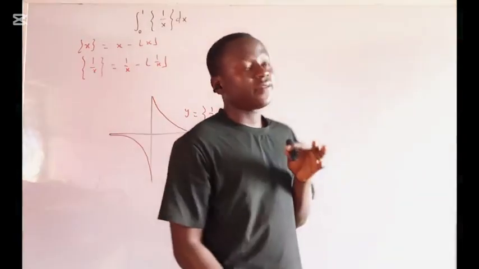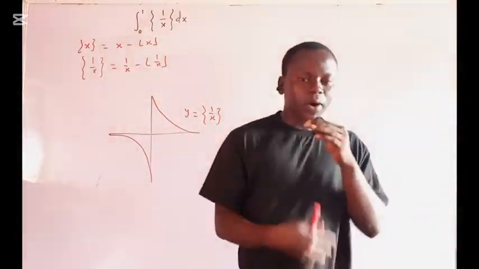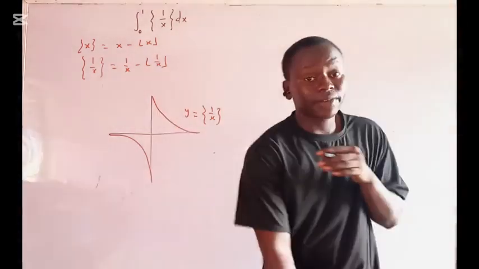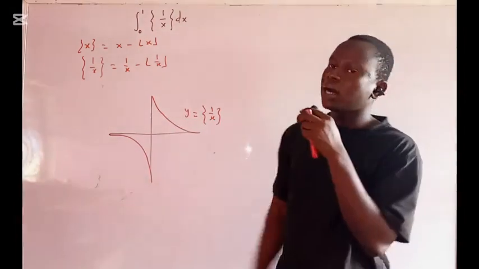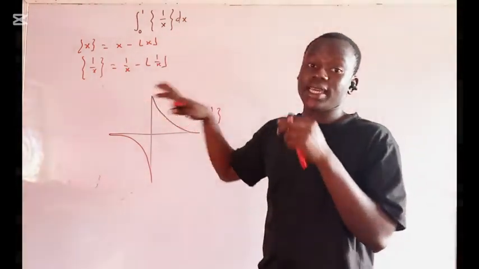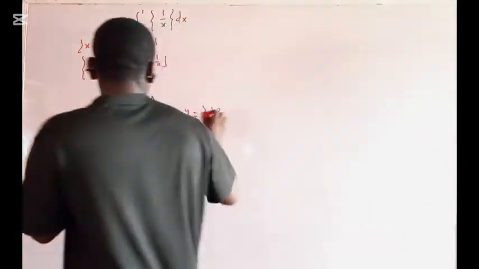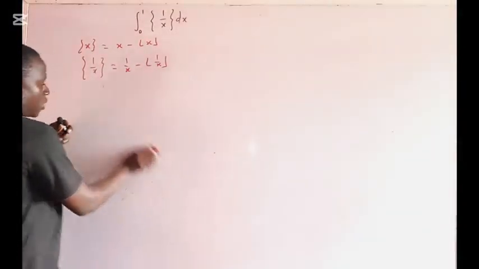At some point the graph oscillates, and at some point the floor function remains constant. You understand? So the floor function remains constant at some point.